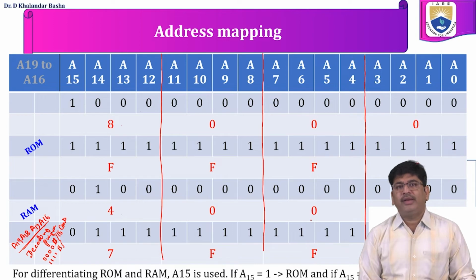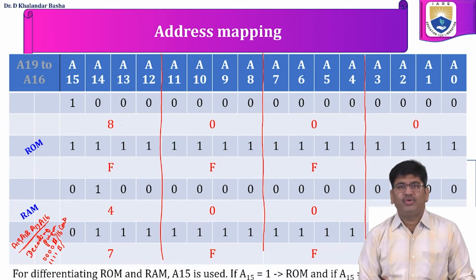It is not mandatory to give the same address for RAM and ROM. For A16 to A19, the user can go for any configuration. Out of these 16 combinations, they can give one combination for ROM and one for RAM, or ROM and RAM can be given the same combination.